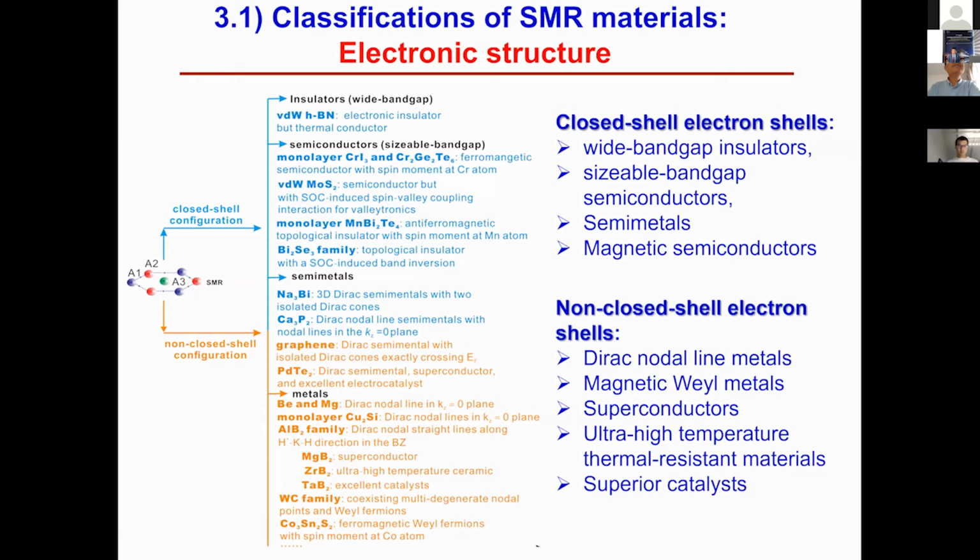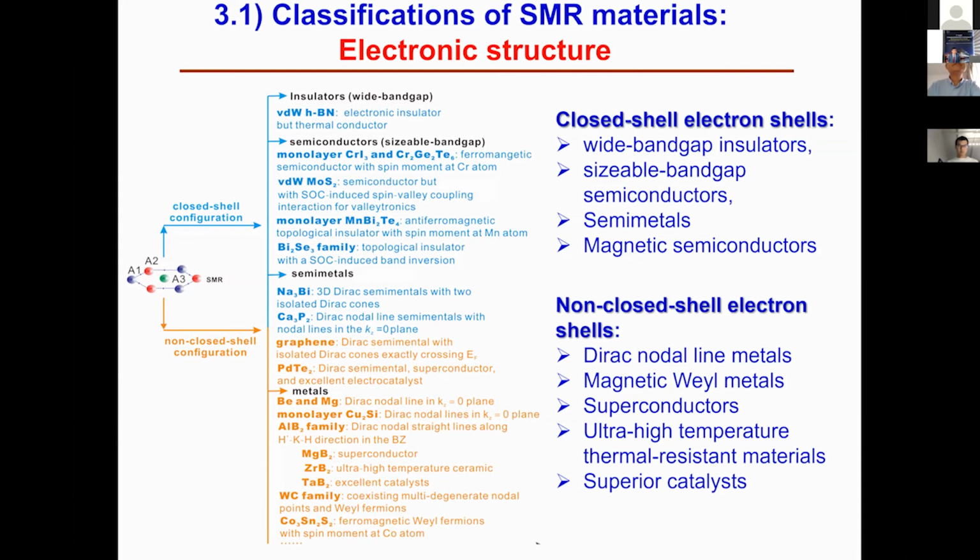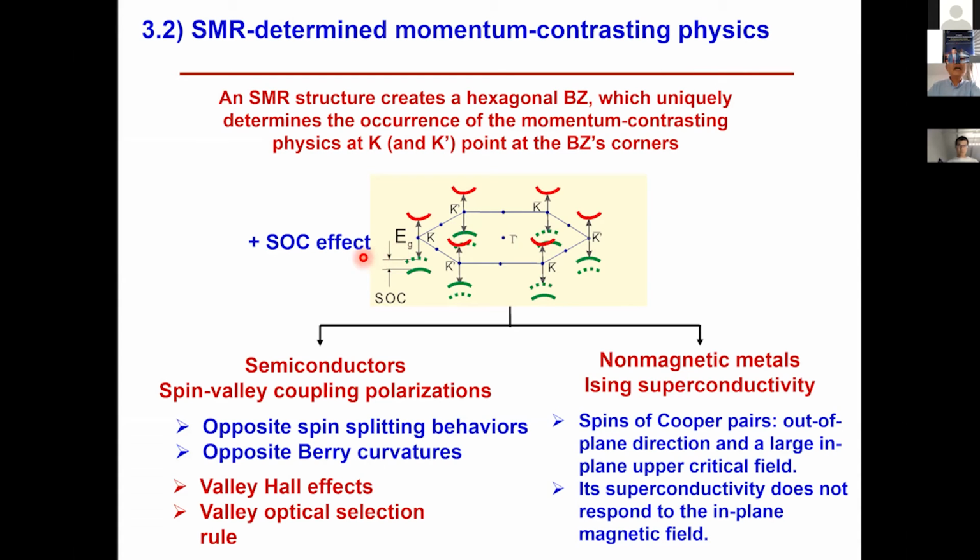And this six-member ring actually can determine interesting physics. As I show you here, this six-member ring structure can create a hexagonal Brillouin zone, which uniquely determines the occurrence of momentum contrasting physics at the K and the K prime point.